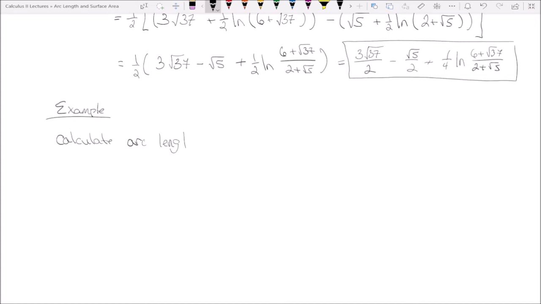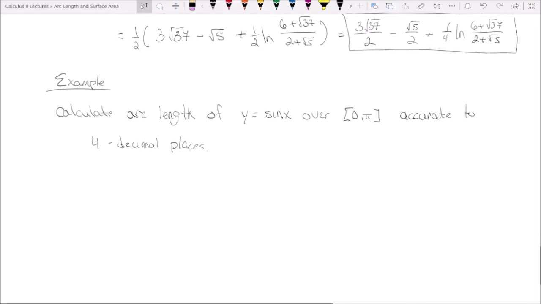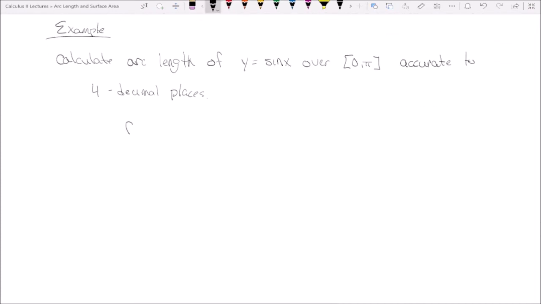All right, now let's calculate the arc length of y equals sine of x over 0 to pi, and we want this accurate to 4 decimal places. Right, now f prime. It would be cosine of x, right?